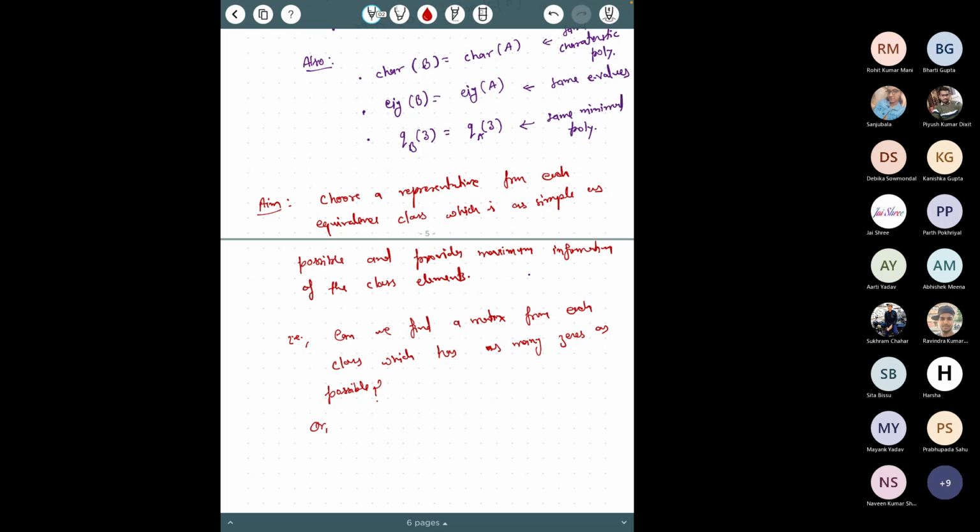So equivalently, we can ask this question for linear transformation also: can we choose a basis, let's say B of V, such that the matrix of T with respect to this basis is as simple as possible?